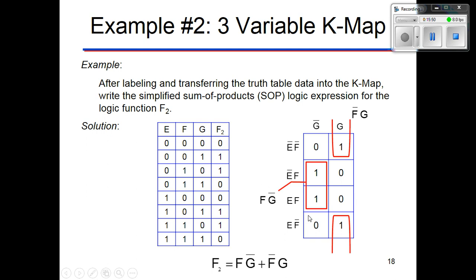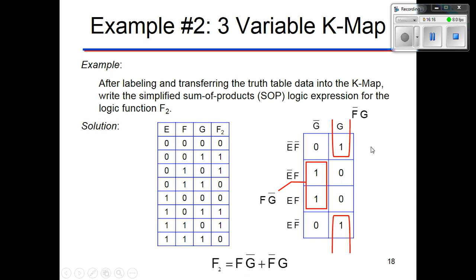So when you put them in and you put zeros everywhere else, you can start grouping them. So over here I have a nice group of 2. So you can see that not E and E are itself and not itself, so they cancel out. So from this group we're going to have F and not G right here, plus the other group.